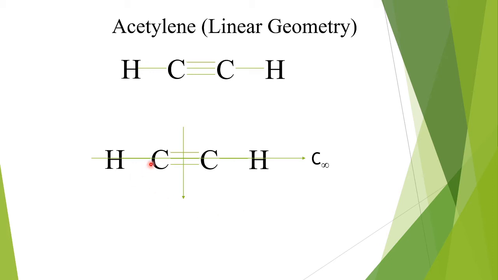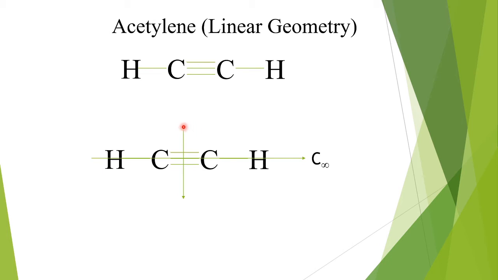Is there any other C2 axis possible? That also gives two similar appearances. That's why I'm calling it a C2 axis. Just like I told before, all these are small spheres.